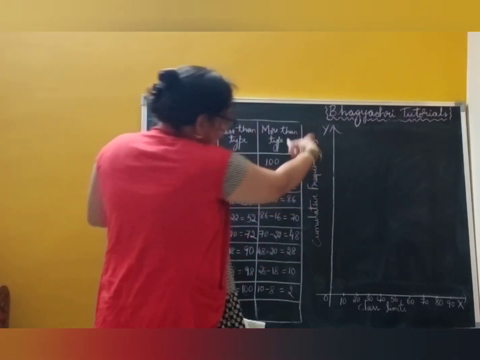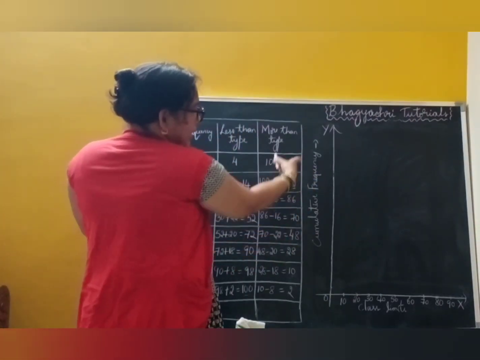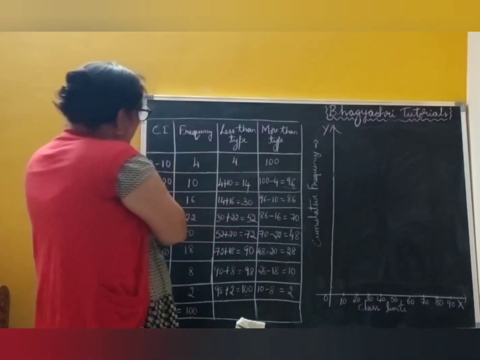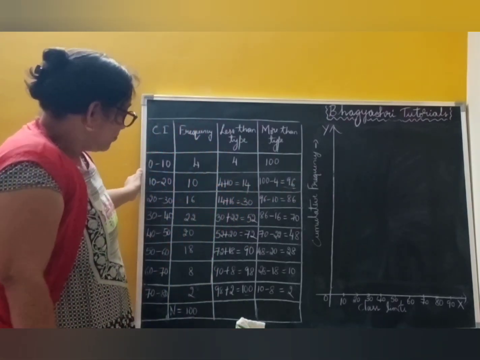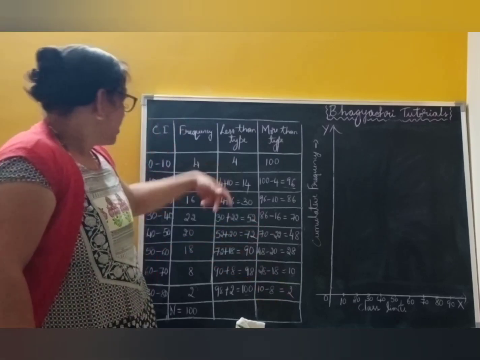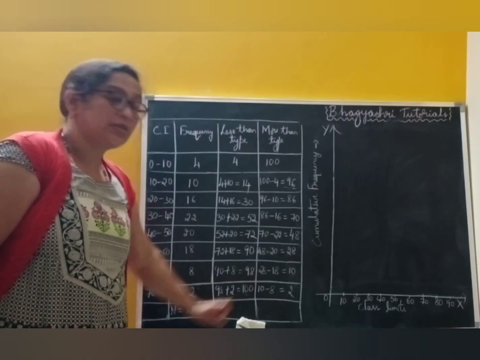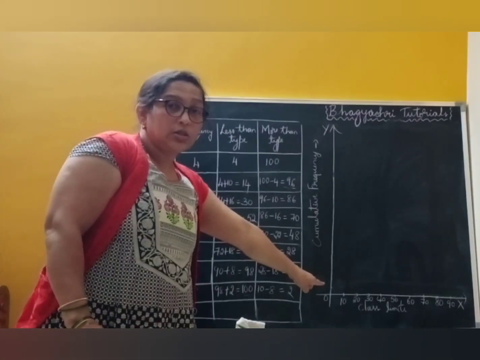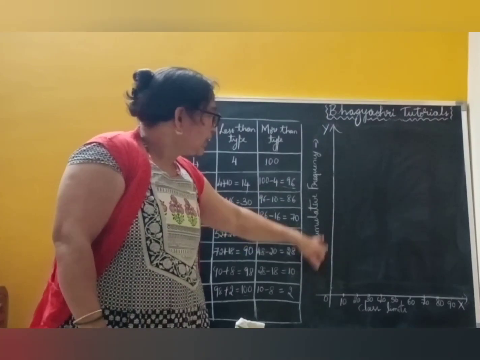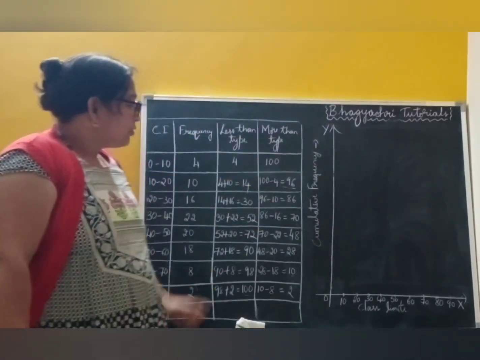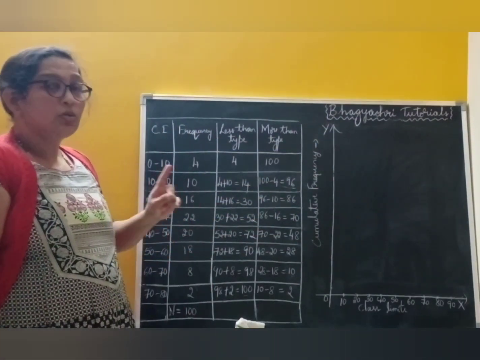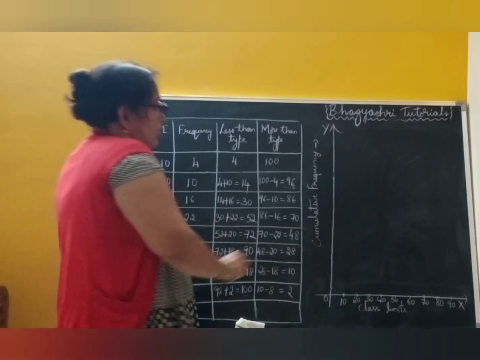Here along the y-axis, we are taking cumulative frequency. So here minimum is 2 and maximum is 100. See here also maximum is 100. So we have to choose a suitable scale here also. Let us take 10, 20, 30 like that. So 1 centimeter is equal to 10 units.